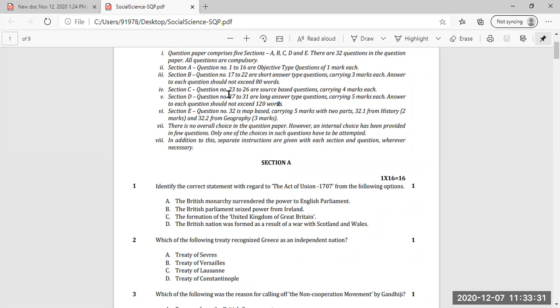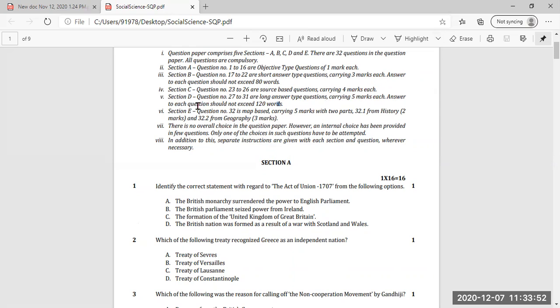The answer to each question should not exceed 80 words. So this will be the pattern of section B, the short answer type.